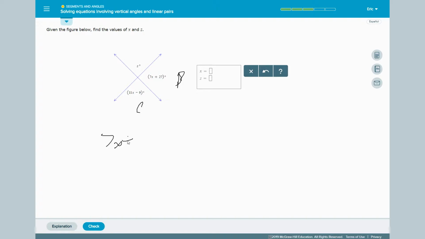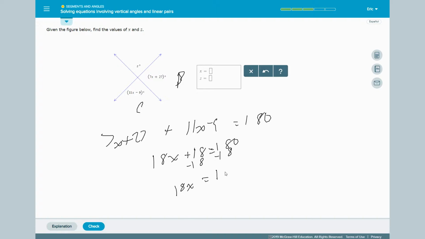So 7x plus 27 plus 11x minus 9 equals 180. 7 and 11 is 18. 27 minus 9 is positive 18. Subtract 18 on both sides, and we get 18x equals 162, and divide by 18, and x equals 9.